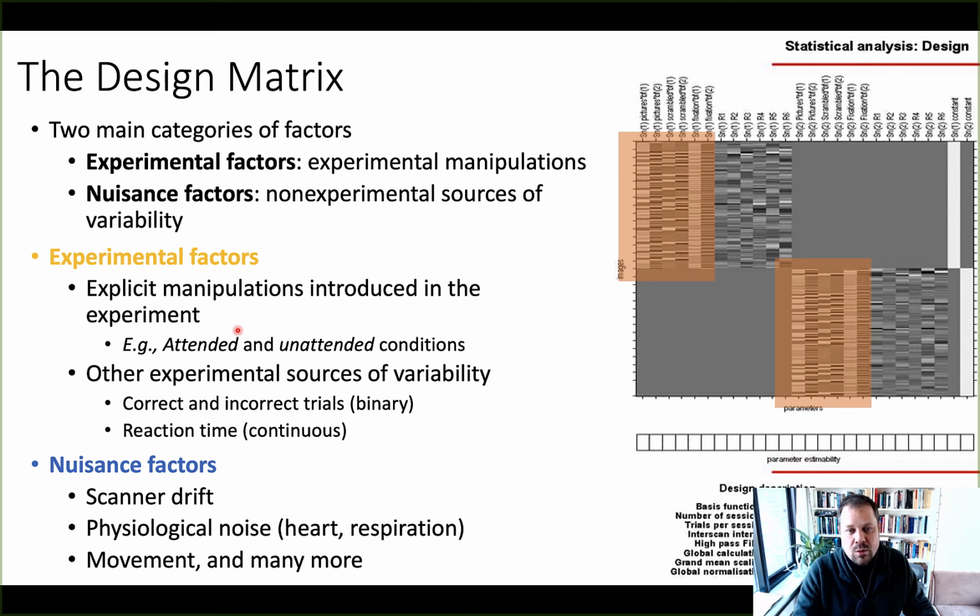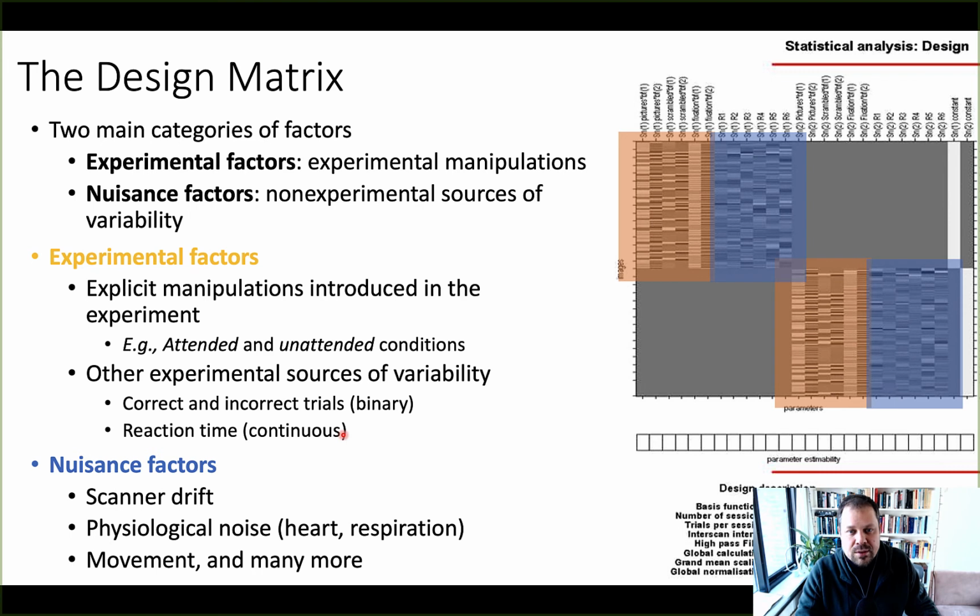So this is when the participant is performing a particular task versus some other task. This could be, for instance, when the participant is attending to some conditions versus when he or she is not attending to some conditions. It could be correct versus incorrect trials. You could also enter reaction times as a continuous regressor in there. So anything that you know and that you observe and that you manipulate can go in there.